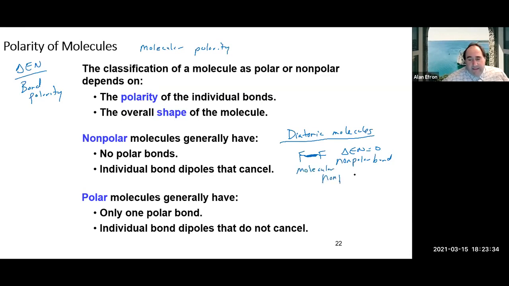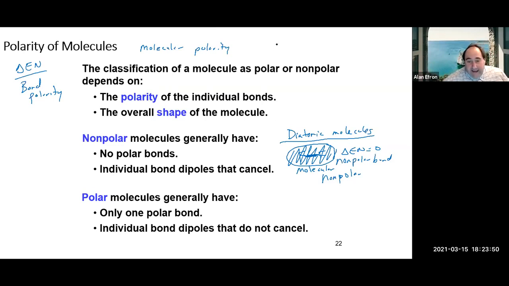What that means is, as a whole, this entire molecule is sharing electrons equally. There's no negative side or positive side to that molecule. It's like a perfect distribution of electrons. It's kind of neutral if you want to think about it that way.